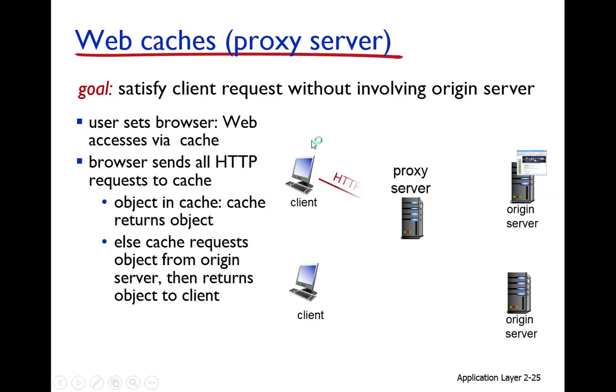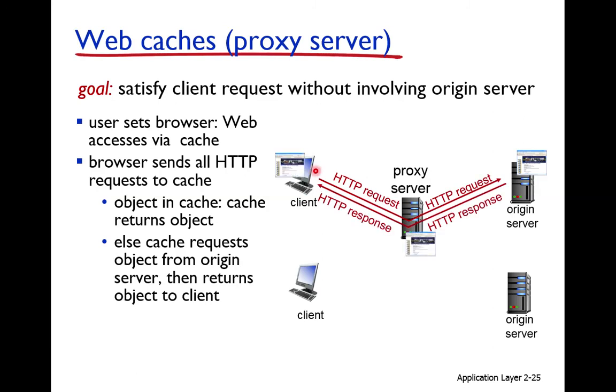It means that suppose a user wants to send an HTTP request. That request will pass through the proxy server, gateway, cache server, web cache. When the web cache receives the HTTP request, it will first check whether the object requested by the HTTP client in this HTTP request message is already stored with the proxy server or not.